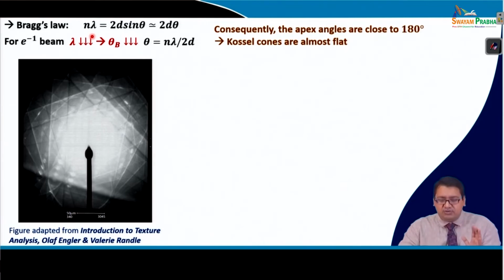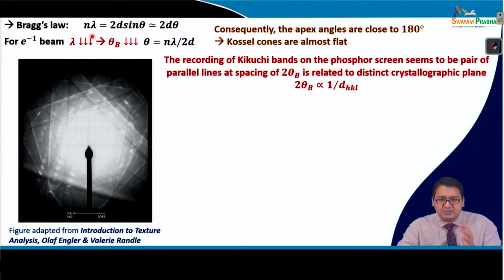So, the Kossel cones are almost flat, and so the recorded Kikuchi pattern on the phosphor screen, each band of the Kikuchi pattern on the phosphor screen, seems to be a pair of parallel lines.